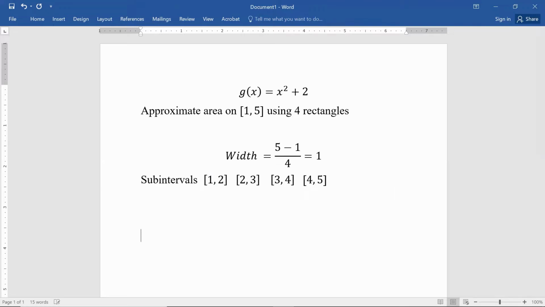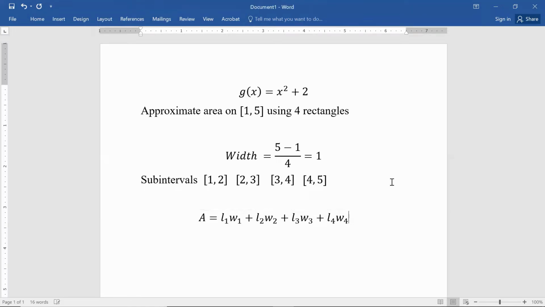If I want to use 4 rectangles, no matter what area I am calculating, no matter which rule, it's always going to be the length of rectangle 1 times the width of rectangle 1, plus the length of rectangle 2 times the width of rectangle 2, plus the length of rectangle 3 times the width of rectangle 3, plus the length of rectangle 4 times the width of rectangle 4.